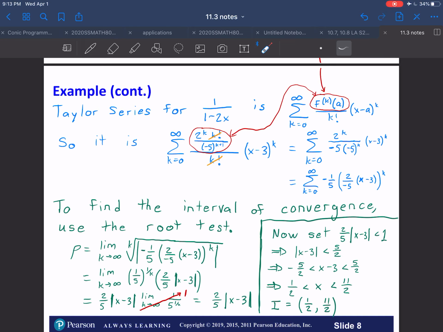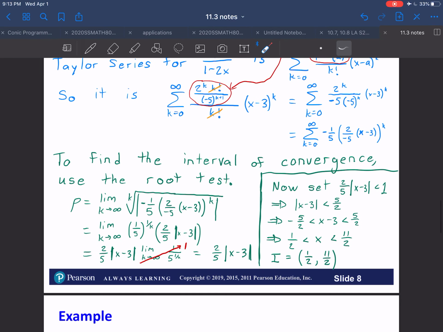You would get negative 1/5 plus negative 1/5 plus negative 1/5 infinitely many times. If we were to plug in 11/2 right here, 11/2 minus 3, well, that's just 5/2. We would end up with negative 1 right there. We get negative 1 to the k inside of our sum, and so that also diverges. And so technically, if we were on an exam, we should also prove that both endpoints diverge. But for the sake of time, I just omit that detail here.